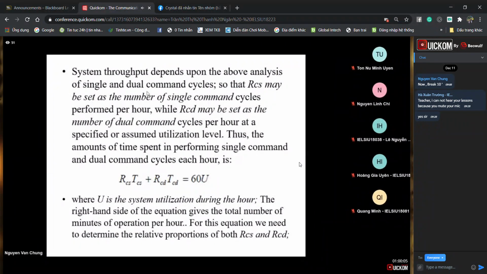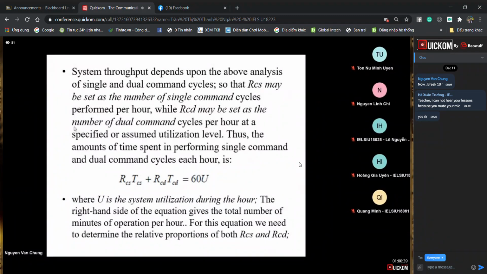The system's throughput depends on both analytics of the single and dual command cycle. So RCS may be set as the number of single command cycles performed per hour, while RCD may be set as the number of dual command cycles per hour.